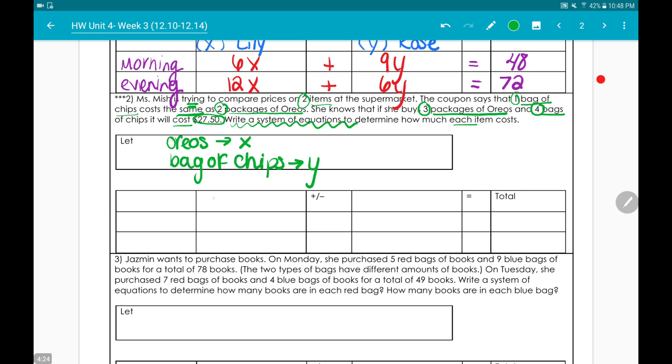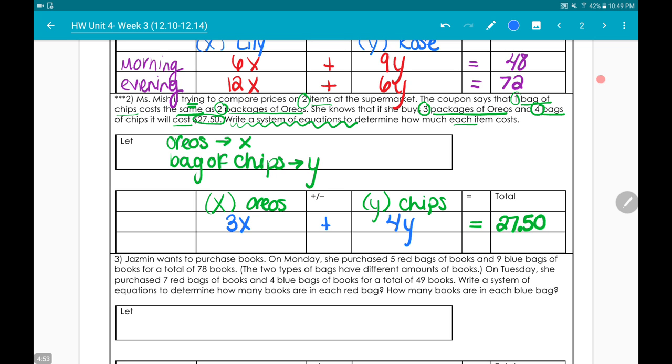All right, so that's going to be my X. All right, so let's look at the total. I see 1 total. That's $27.50. All right, and what does that represent? That represents 3 packages of Oreos and 4 bags of chips.